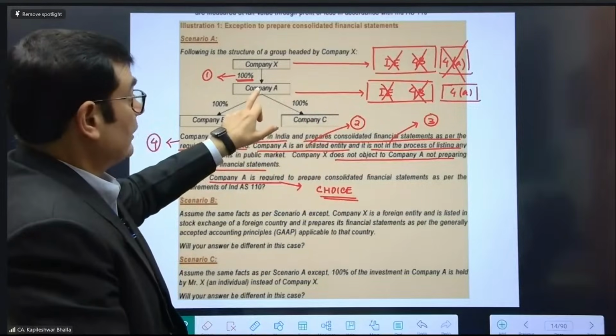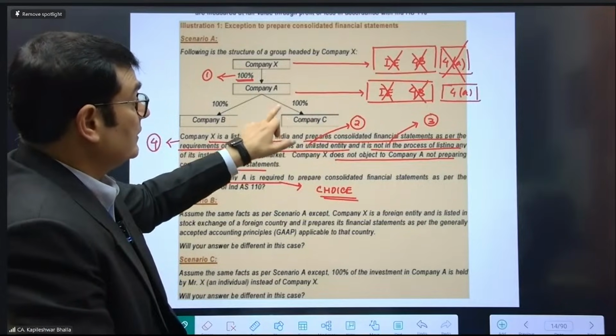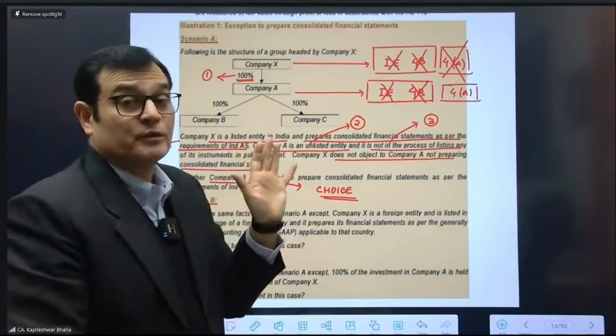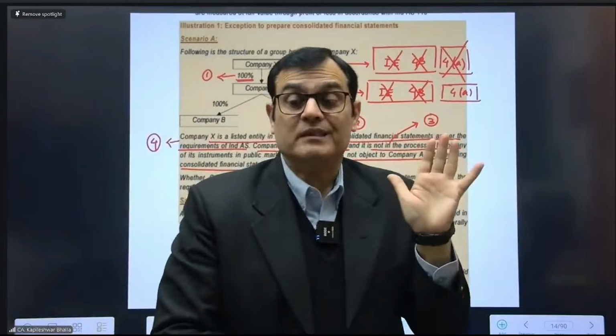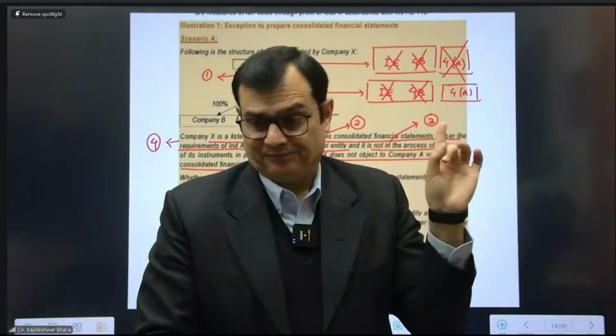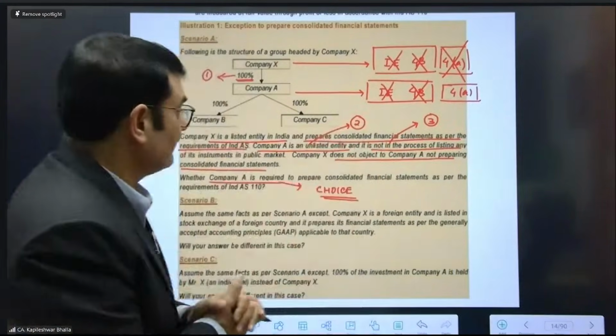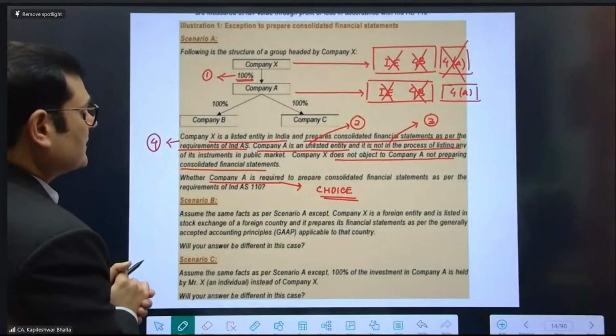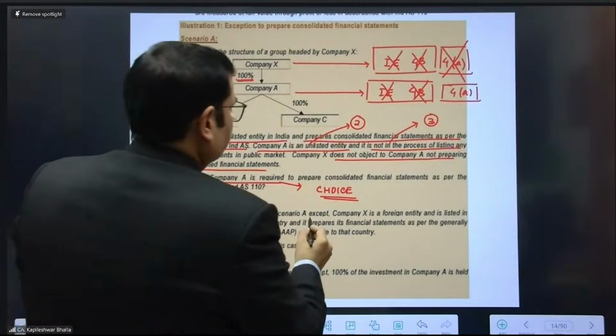If A has control over C, it is exempted from consolidating, but this investment in C will be shown as per Ind AS 27, at cost or fair value, a choice, not Ind AS 109. Okay, then it says scenario number B: assume the same facts as in A, except that company X is a foreign entity.